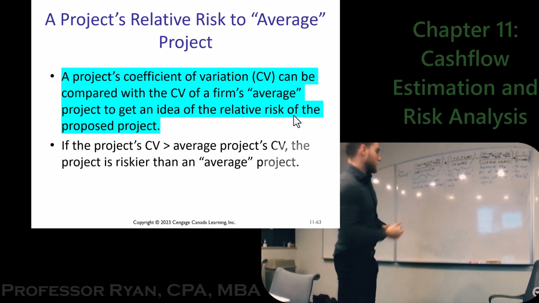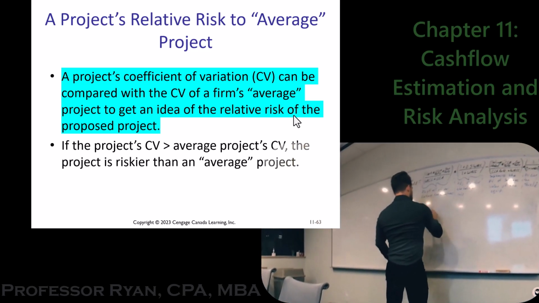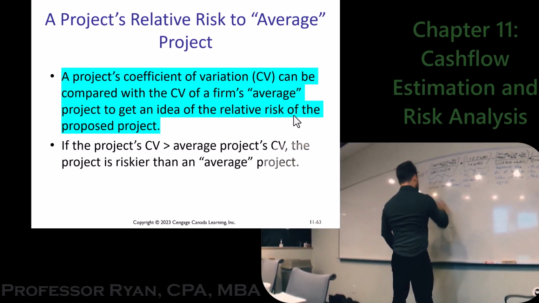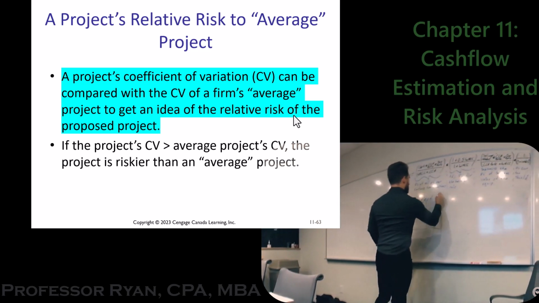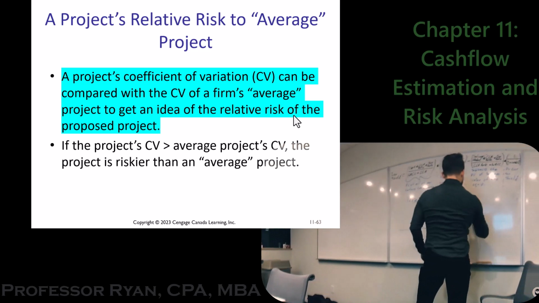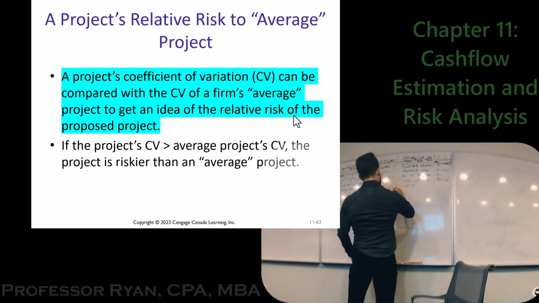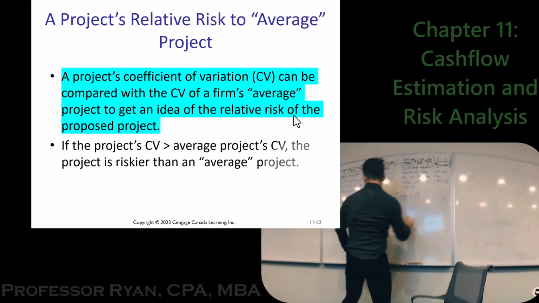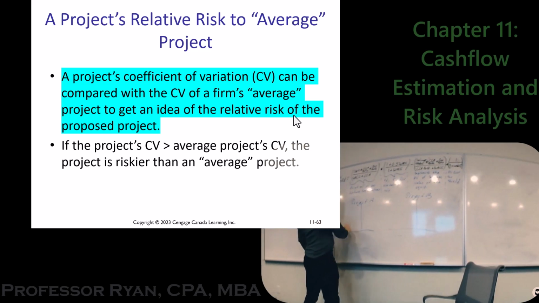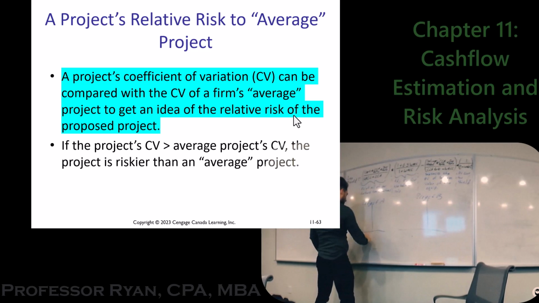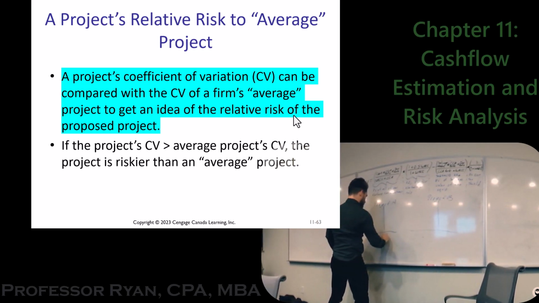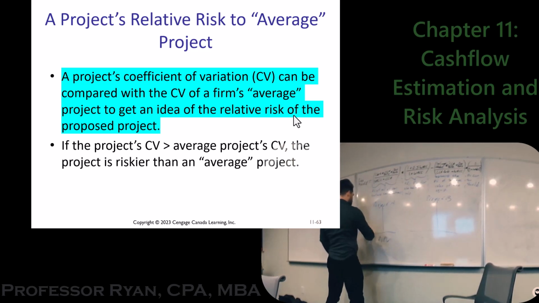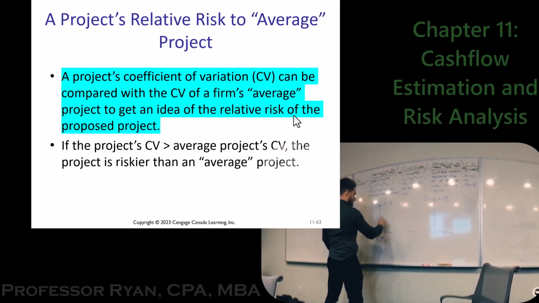So if I have two graphs, this is, say, project A, and then this is project B. And this is, say, the range of outcomes, and say this is my NPV. So say the bell curve is this.